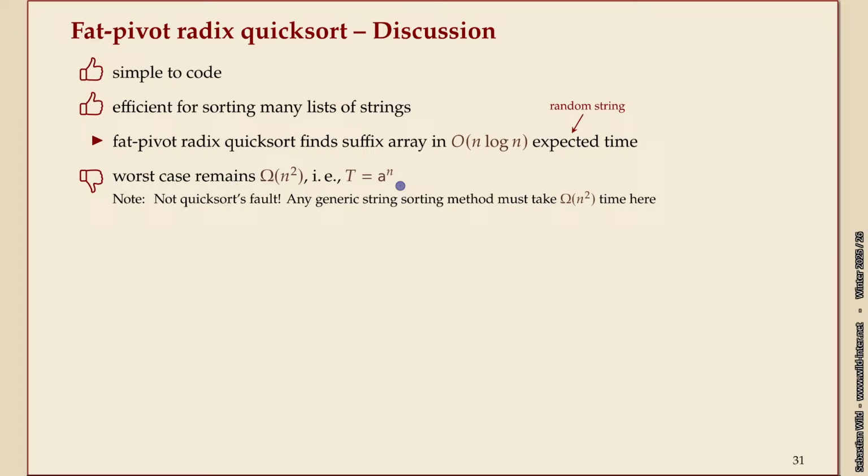There's annoying cases where the individual comparisons between strings may take a long time because they share a long common prefix. The algorithms are already smart enough to exploit that, and yet, because there's so much shared between all those suffixes, a general purpose string sorting algorithm has to discover this and has to spend quadratic time on such an input. And I promised we can do better, a lot better.